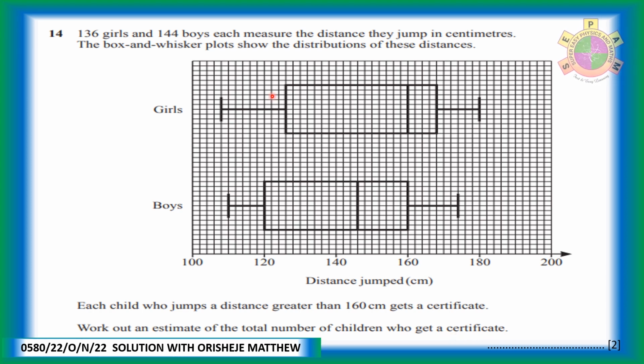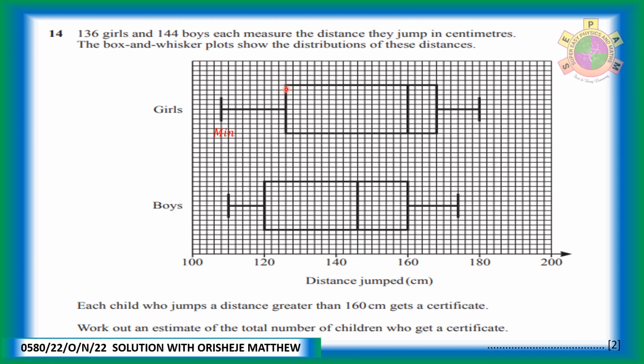So let's just review one thing so that you can have a better understanding of this plot. This point here gives the minimum value. This is the minimum jump recorded by the girls, while this is the minimum jump recorded by the boys.